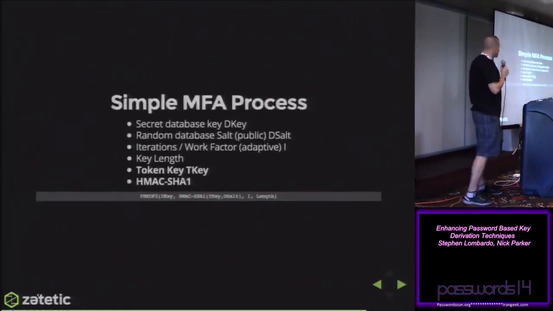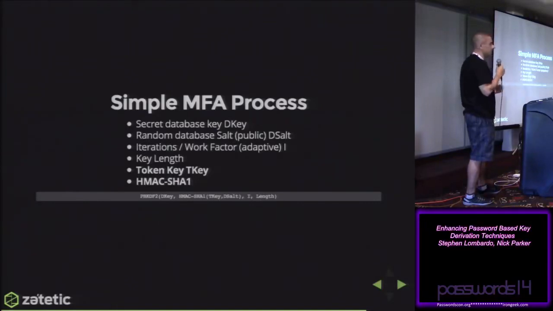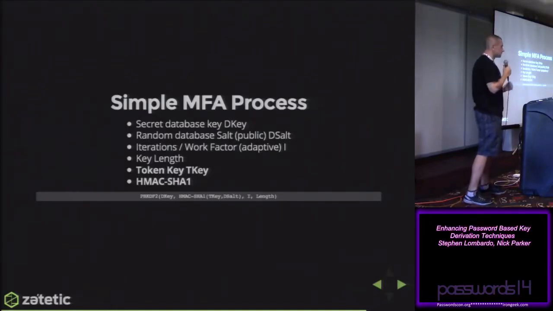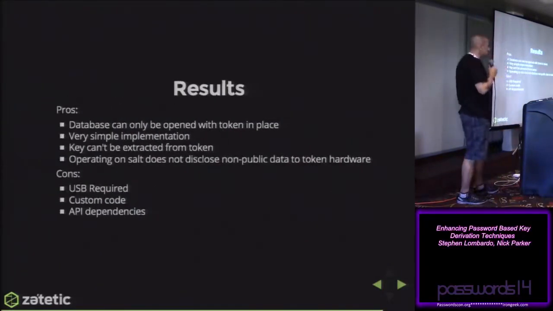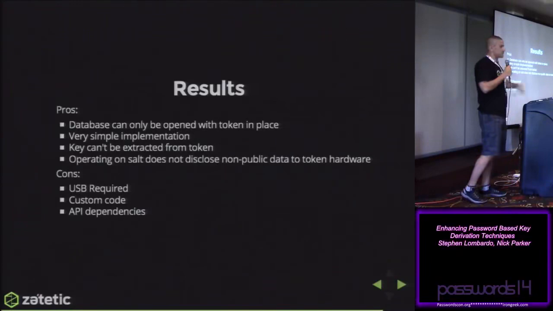So our simplified MFA process adds in these two factors, which is the token key secret and HMAC SHA-1, and uses that to calculate the actual database encryption key. So the general results here are really pretty positive. In fact, you can generate a random key.